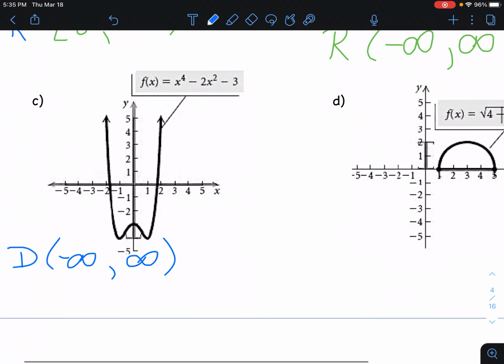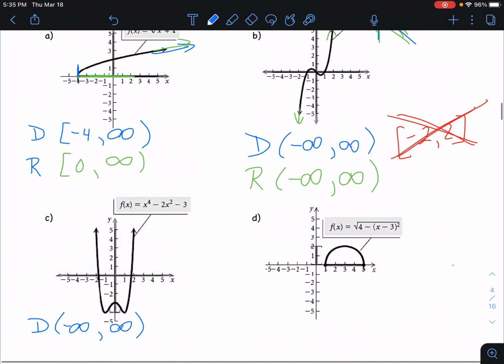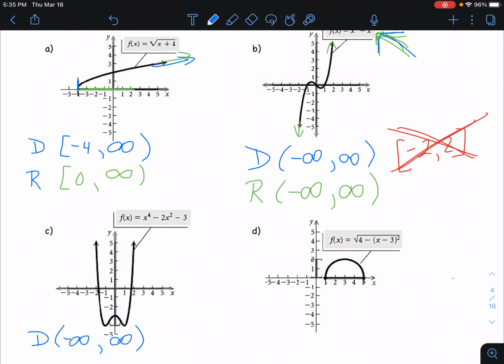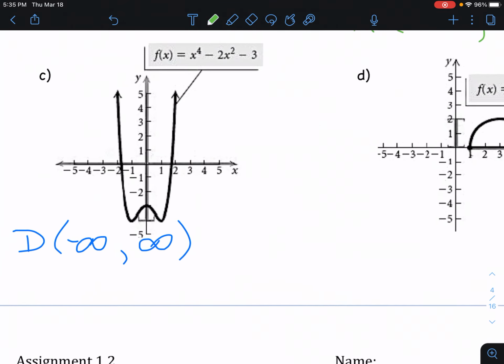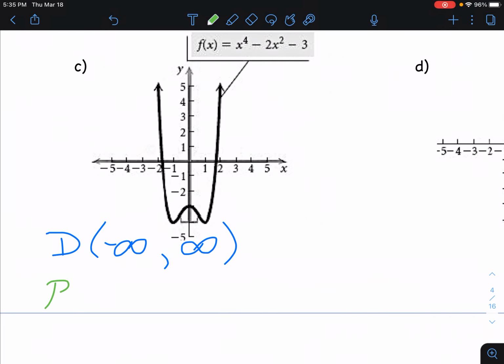I need to put parentheses. So it's very similar to letter B, same domain there, going left forever and right forever. Now the range, again, look at the y coordinates. It's down here at -4, and it is going up forever to infinity.